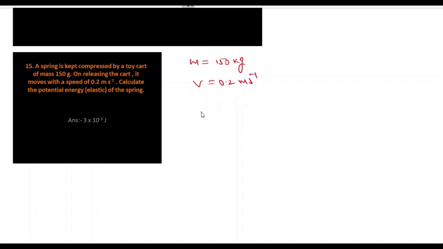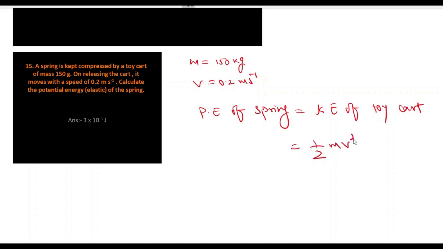See, potential energy of the spring is equal to the kinetic energy of the toy cart, which is half mv square, that is half into 150 kg. Hey, that's 150 gram. Otherwise it's not a toy.